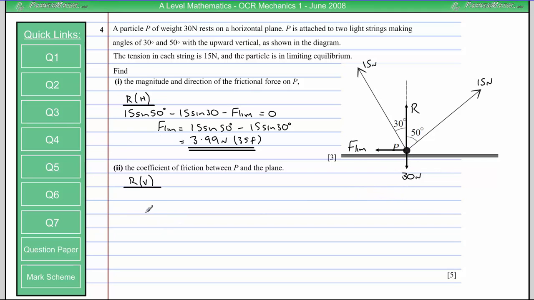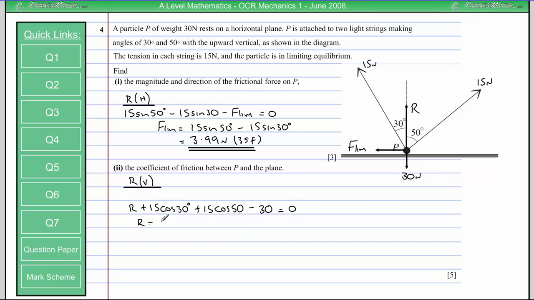Let's take upwards to be positive, and we'll say we've got R plus 15 cosine 30 for the force on the left. We're going to have 15 cosine 50 for the other 15 Newton force. And in the opposite direction, we've got 30 newtons. The particle's in limiting equilibrium still, so it's going to equal 0.